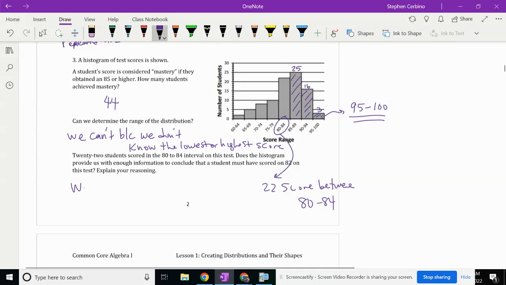We don't know for sure if any kid got an 82 exactly. I do know that there are 22 kids that scored between 80 and 84. I could have had all 22 kids score an 81, and that would have filled that bar. I don't know for sure if anybody got an 82. I just know that there's 22 kids between those two scores.